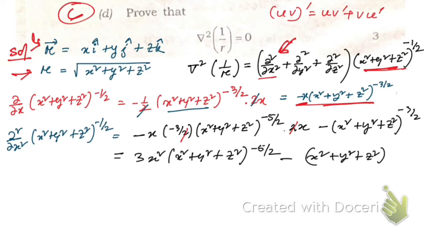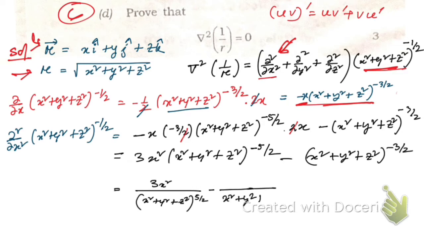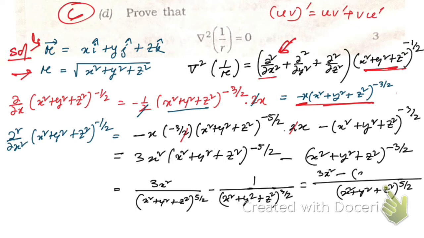Now let us simplify it. Taking the LCM, you will get (x square plus y square plus z square) to the power 5 by 2 in the denominator. In the numerator, thrice x square minus (x square plus y square plus z square).